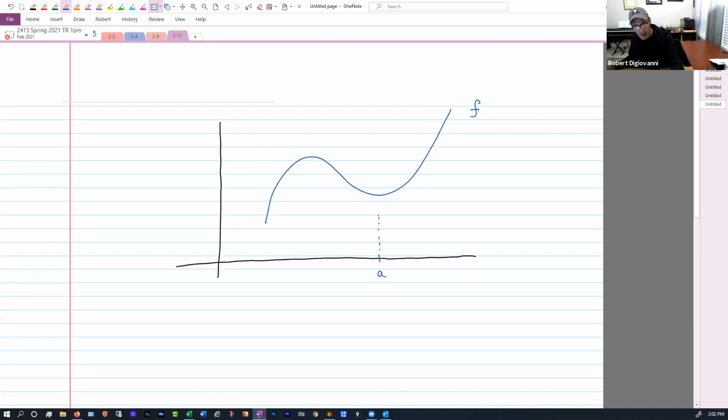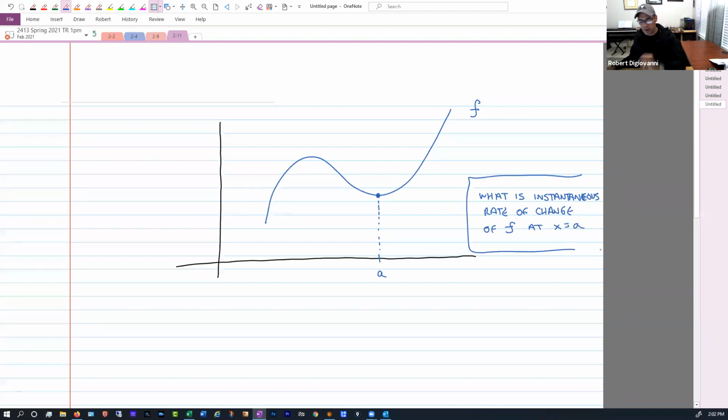At this point right here, the question is, what is the instantaneous rate of change of this function at x equals a? That is the ultimate question. That's what we're trying to ask.